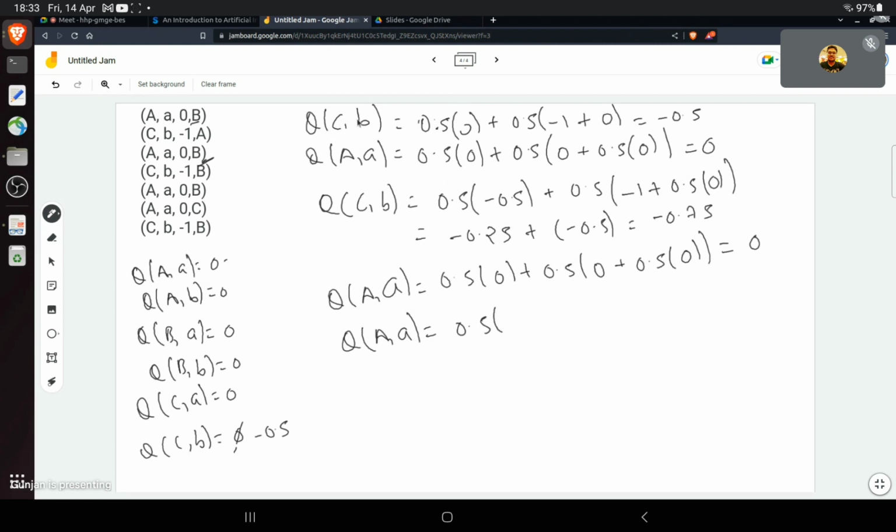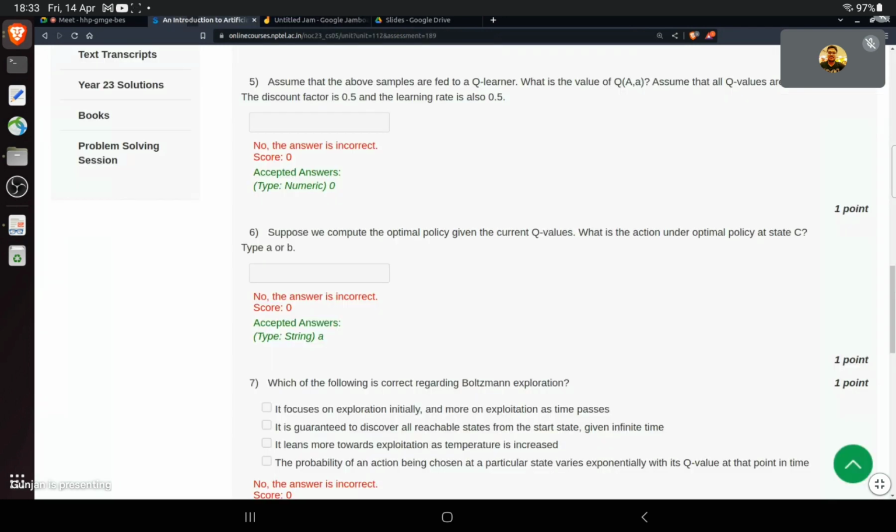So 0.5 times the old value is 0 plus 0.5 times the reward, that is 0, plus gamma times max of c, right? So what is max of all c? This was then updated to minus 0.75, right? So the max of all c's is 0, because it is 0 and this is minus 0.75. So we will put it as 0 and again we end up with 0. So Q(a, a) is 0.